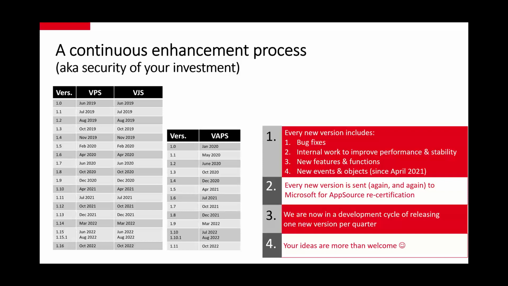So please, if you work with our products, or test our products, or play around with our products, and you come across something where you feel, hey, this could be done better, this could be done differently, or here's something which really would nicely fit into those products, then please let us know. We are not only willing to listen, but keen on hearing your feedback, and we will discuss your feedback.